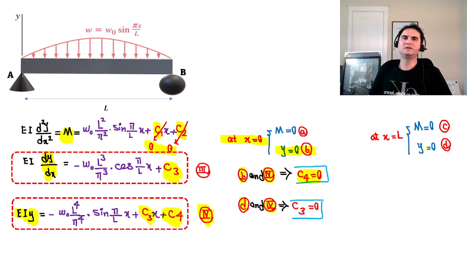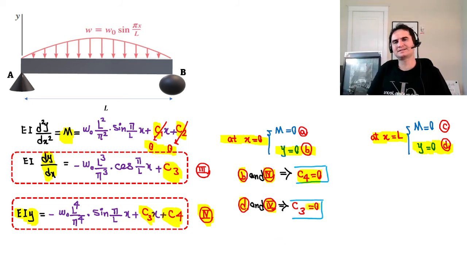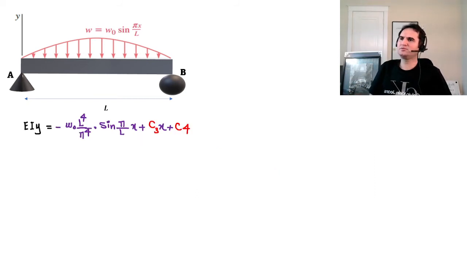This time B, x at the very end is x equal to L, and again we have no upward and downward movement because of the support at B, and that says C3 goes to 0. So all the constants go to 0.